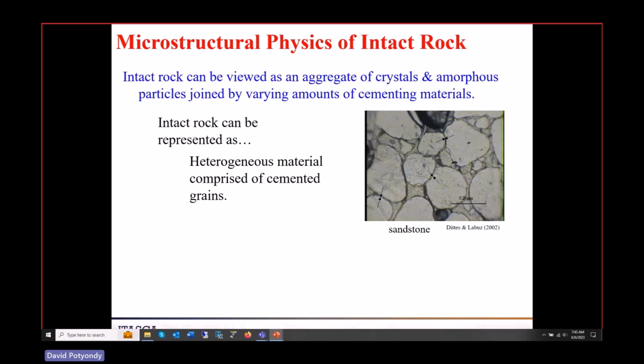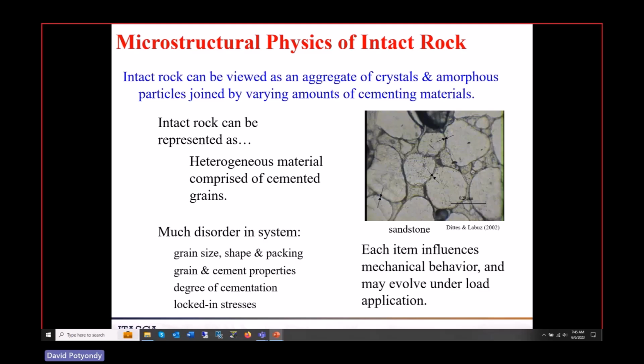So we want a collection of cemented grains that are arbitrarily arranged so that if you squeezed it, for example, in any direction, you'd get the same response. If you did a UCS test in any direction, you'd get the same response. So that would be an intact isotropic rock. So if we can somehow create a heterogeneous material of cemented grains, that's what I would say would be a reasonable model of intact rock.